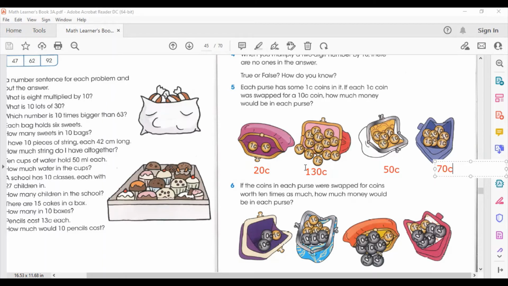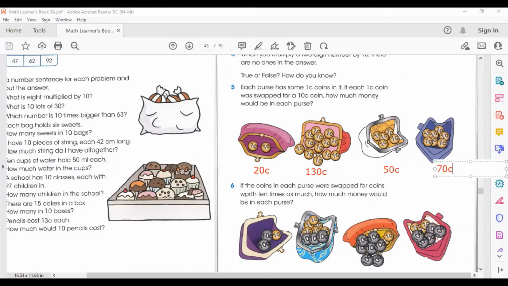Okay, question number 6. If the coin in each purse was swapped for a coin worth 10 times as much, how much money would be in the purse? Here already 10, so increasing 10 more.